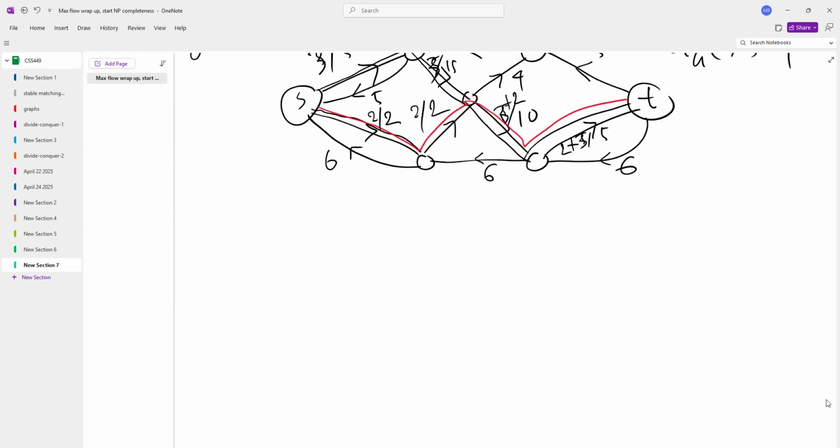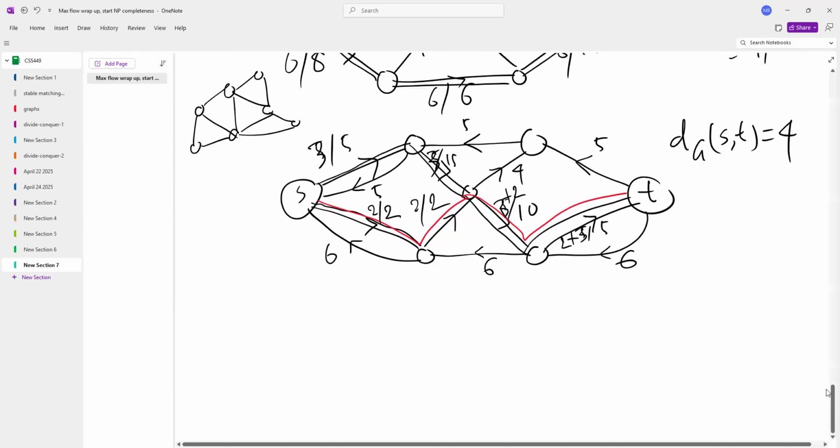Okay, and now after the final augmentation, right? This requires us to sort all the paths by their bottleneck, minimum bottleneck first. You don't have to sort. If you just do it at that point to find the blocking flow, you don't have to use shortest path anymore.